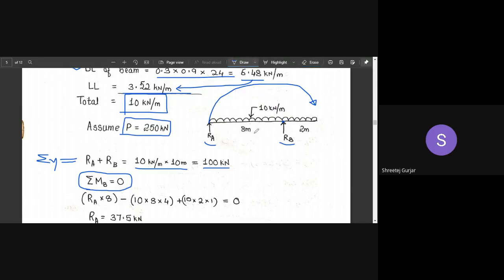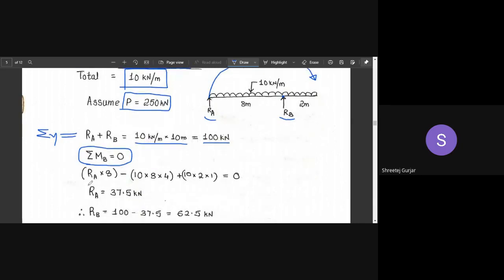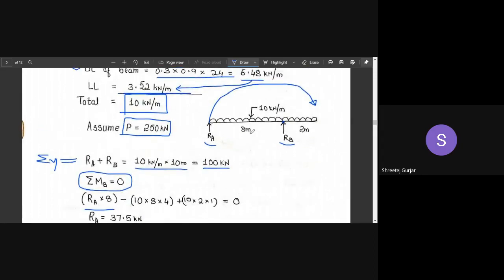It is 8 meters. So RA into 8. Then this 10 kilonewton UDL is going anti-clockwise. How much is the distance? It is 8 by 2, that is 4 meters, which I have written over here, 4.